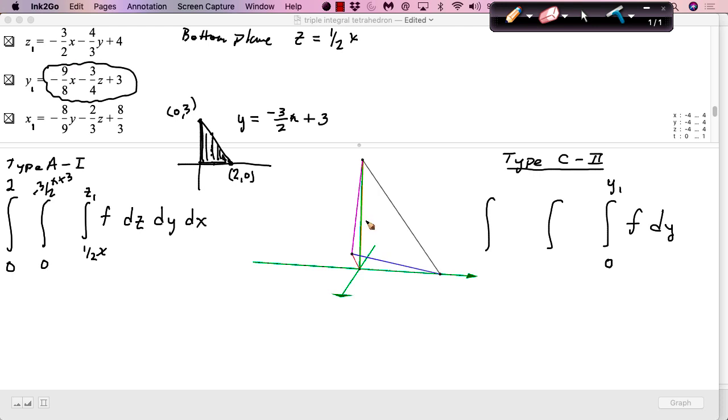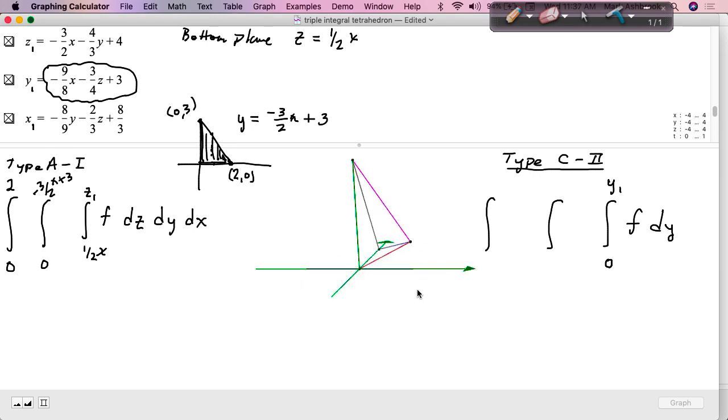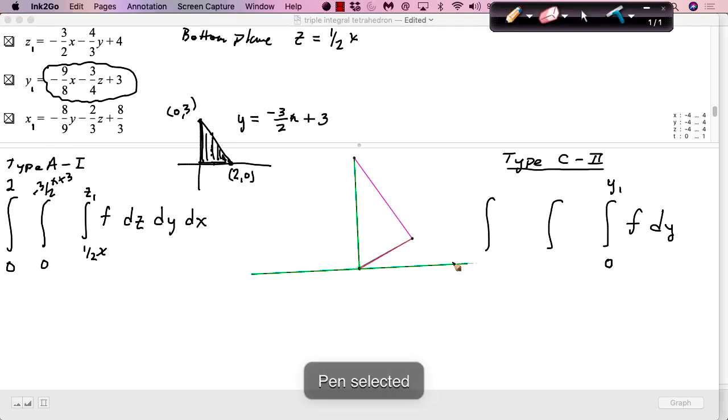Okay, and then if we're going to type 2, we're going to do what? Type 2 means what to what and what to what. So this is x, and this is z.